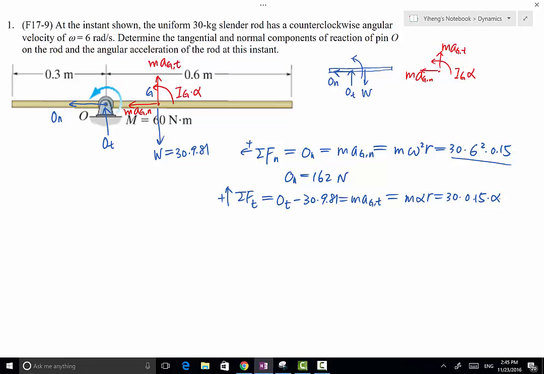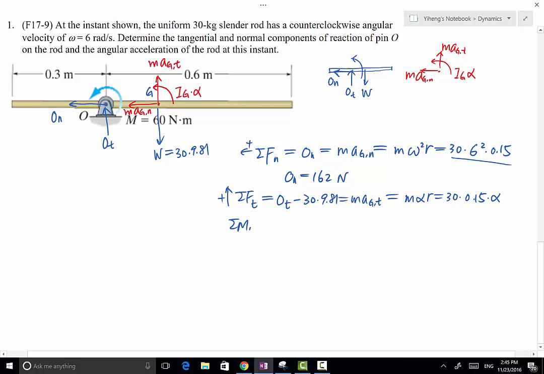We have two reasonable options, even though we technically can sum the moment about any arbitrary point. We can sum the moment about point G, which equals I_G alpha, or we can sum the moment about point O, which equals I_O alpha. Because our two unknowns, O_N and O_T, pass through point O, we sum the moment about point O. This way, the two unknowns do not show up in our moment equation.